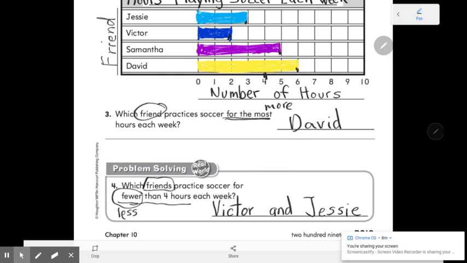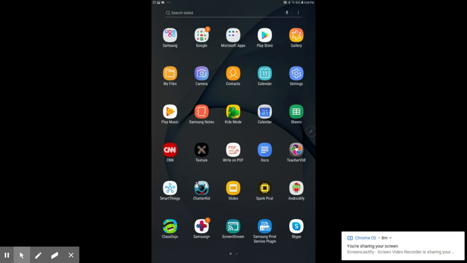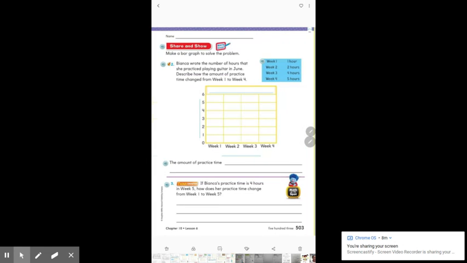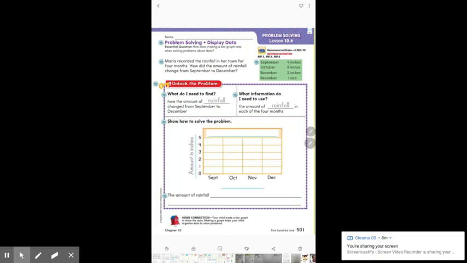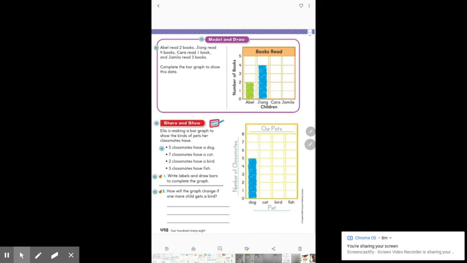Okay, now boys and girls, you're going to be creating your own graph in your assignment. I have a Google form for you. However, from there, you're only going to be able to see the information. Now, you're going to have to create your bar graph on a piece of paper.